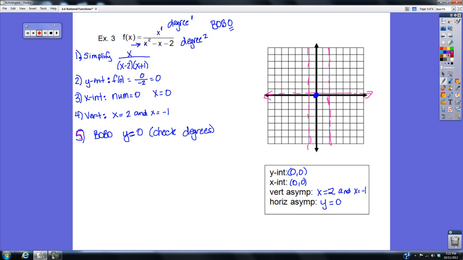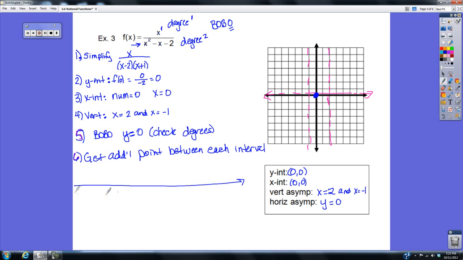Okay, the last thing to do before we graph is to find some extra points, additional points between each interval. So here's my number line.